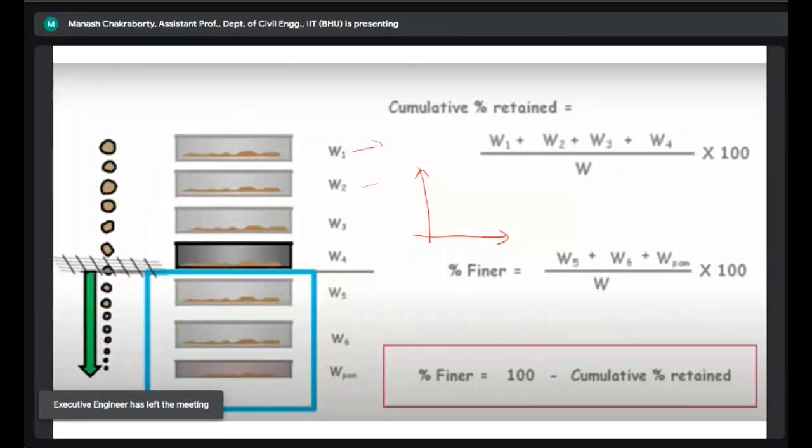The particle may be of some irregular shape, but we will assume the particle to be spherical, right? And assuming the particle to be spherical, we report this diameter over here. So what we need is the diameter of the particle, and you need to keep in mind that it's a representative diameter under that assumption.